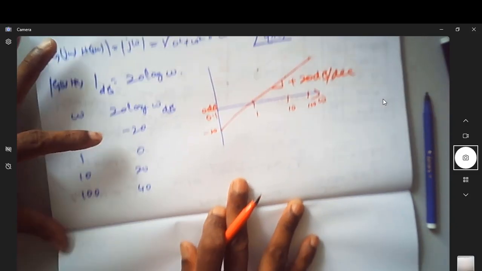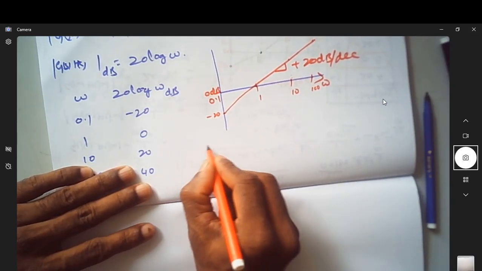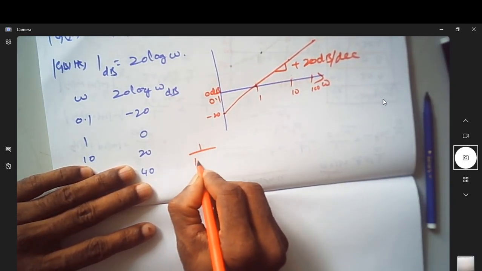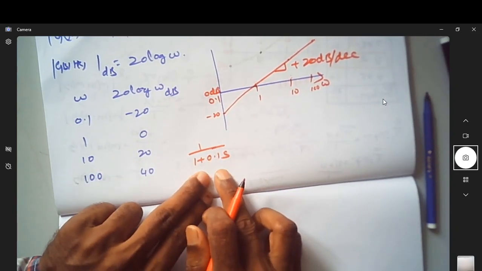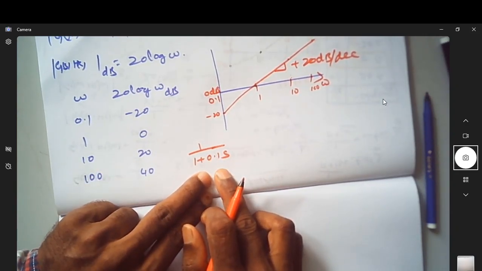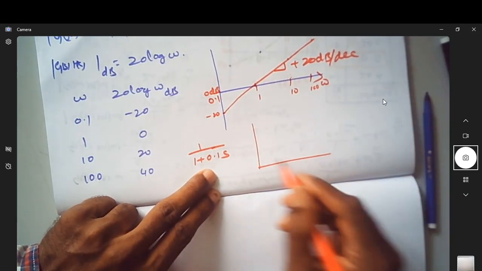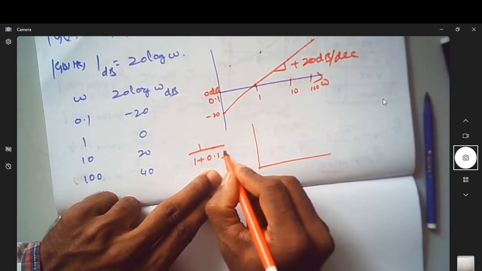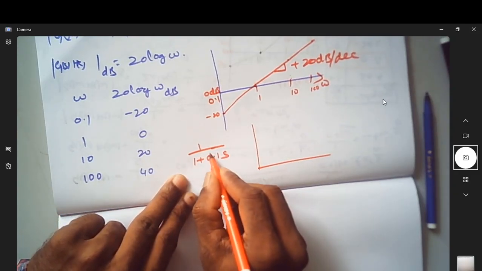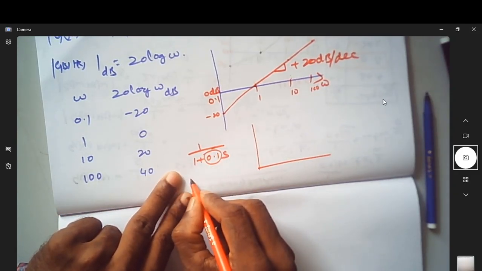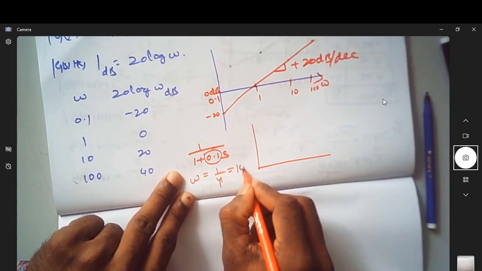So now if we summarize, suppose we have a pole at 1 plus 0.1 s. How does the magnitude plot of this look like? As we know from the earlier understanding, the cutoff frequency is 1 over tau, which happens to be 10 now.